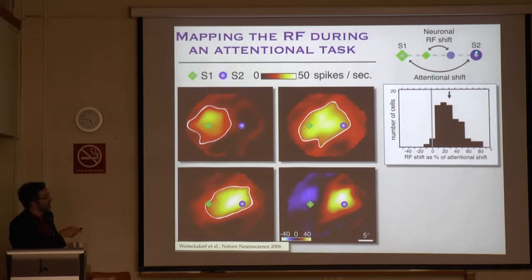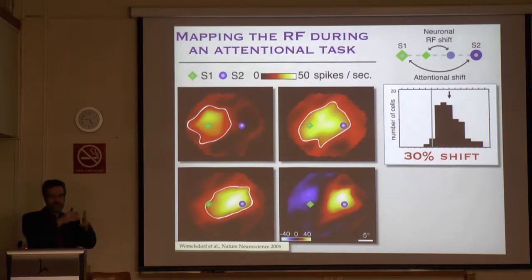So if the animal shifts from right to left, the receptive field center also shifts from right to left. That's the mean, and the mean is about 30%, which means if there's a 3-degree distance between the two stimuli, the receptive field center shifts by 1 degree. If it's a 6-degree difference, then the receptive field shifts by 2 degrees.